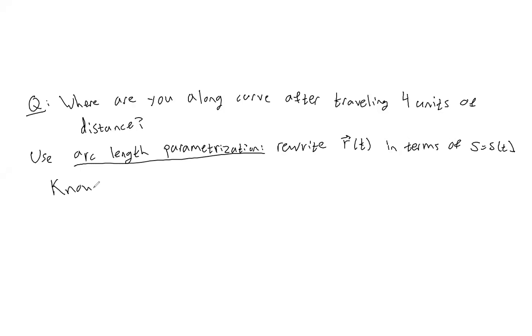Well, we know in this case that s is equal to 2 times e to the t minus 1, or in other words, 1/2 s minus 1 is equal to e to the t, or in other words, t is equal to ln of 1/2 s minus 1.